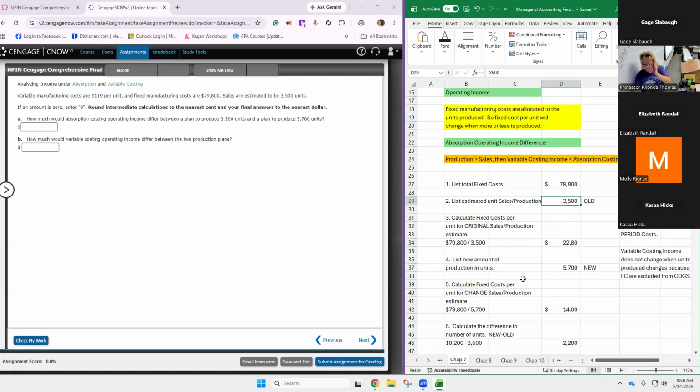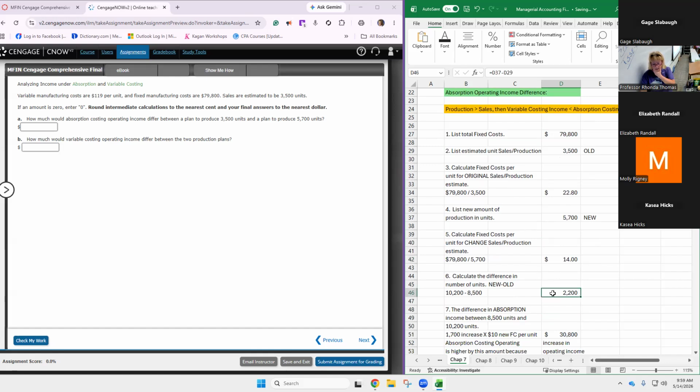Apparently our fixed costs do stay the same, even if we increase the units by 2,200. So now let's calculate what the new fixed cost would be. It was 2,280 when there were only 3,500 units. But now when we take 5,700 units, if we divide our fixed cost by 5,700, yes, we're going to get a smaller number, and it is 14.